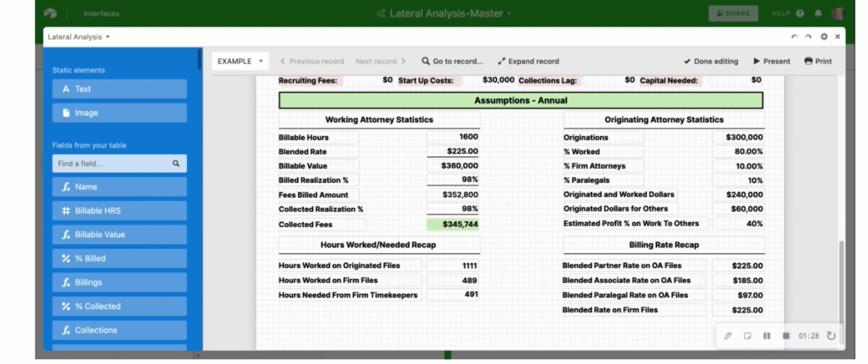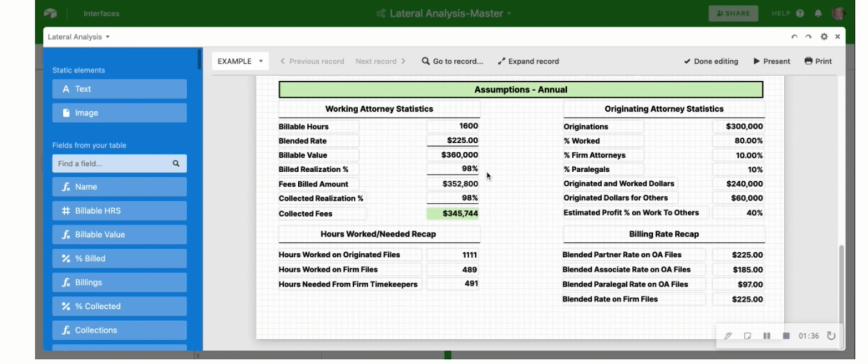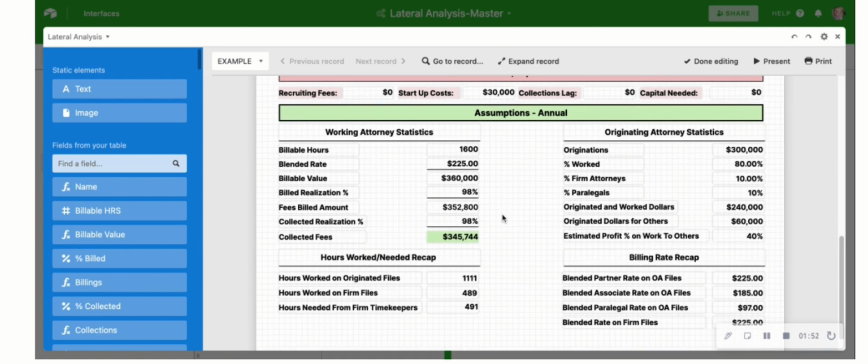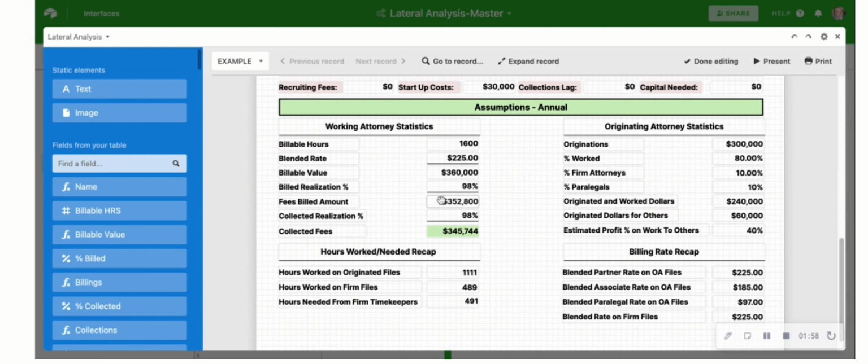But if you have realization numbers from them in the past, we can also use those numbers, which is something that we also offer this kind of analysis if you have an attorney at your firm who is looking to get some kind of a raise with their compensation and increase somewhere, or maybe they didn't get origination credit before, but now they do. That's something that this model is also useful for.